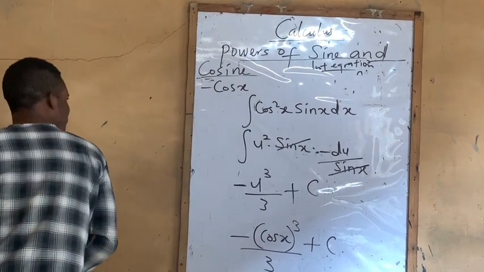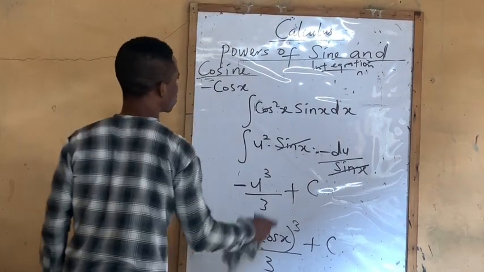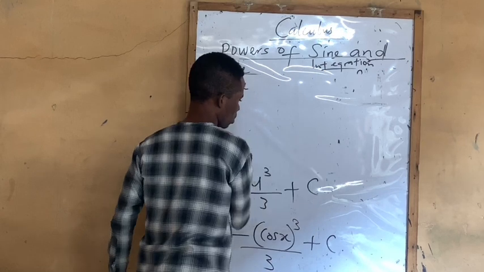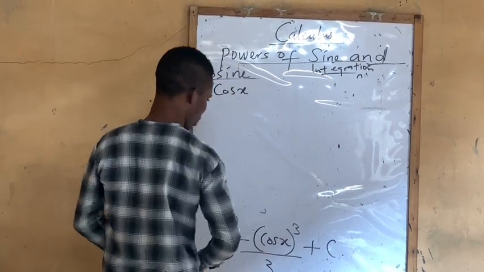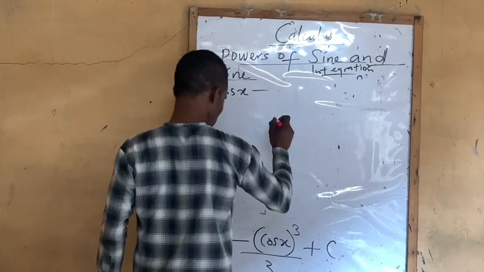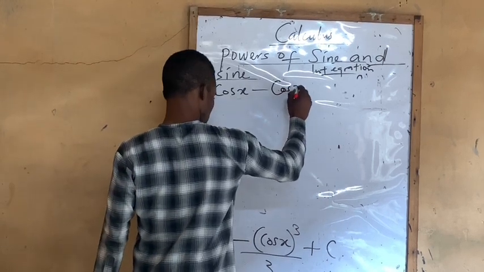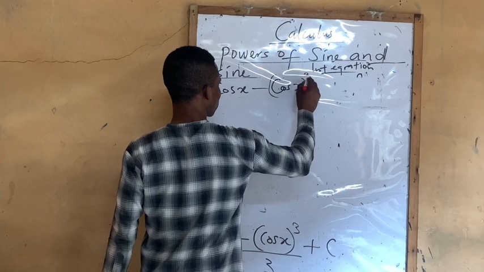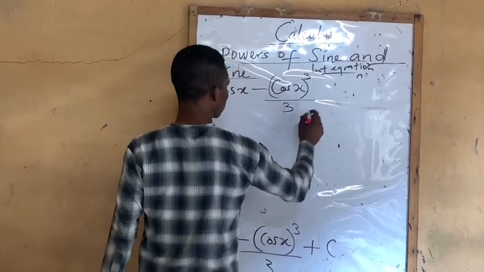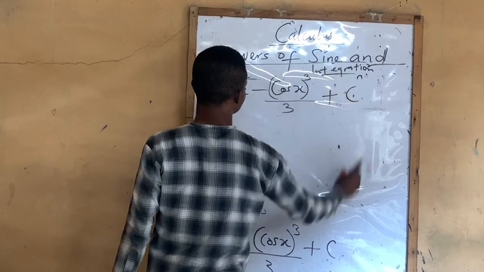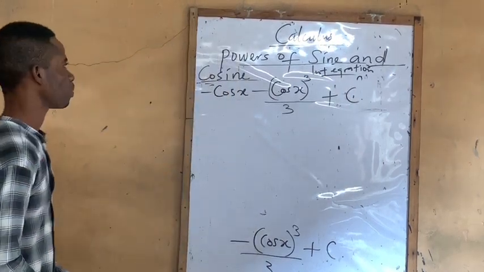That means our final answer is going to be, this is the first answer, minus cos x raised to power 3 all over 3 plus c.